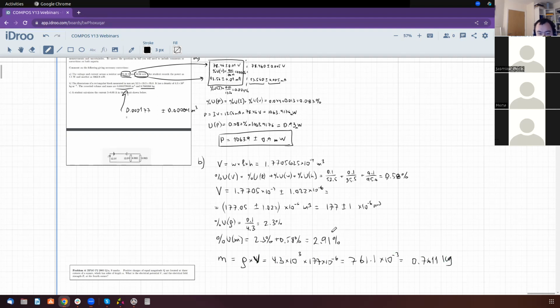Now the uncertainty in mass is 2.91% times the mass, 0.7611, times 0.00291. It's 2 kilograms. That doesn't make any sense. Two grams, I think.